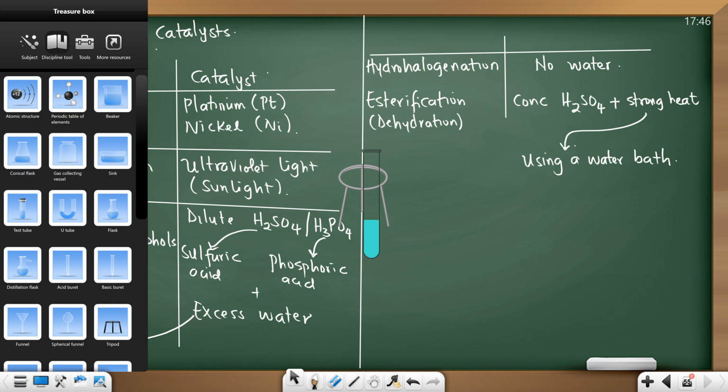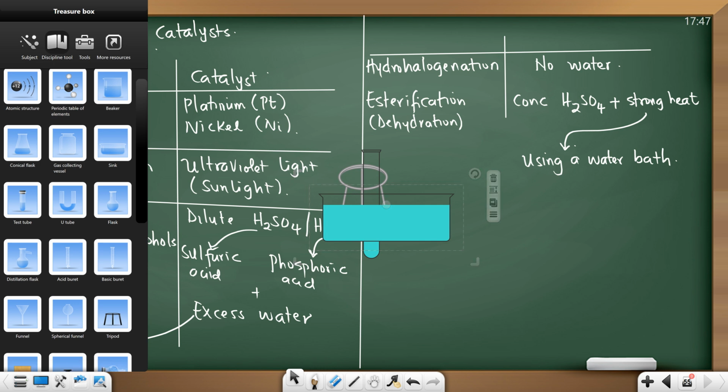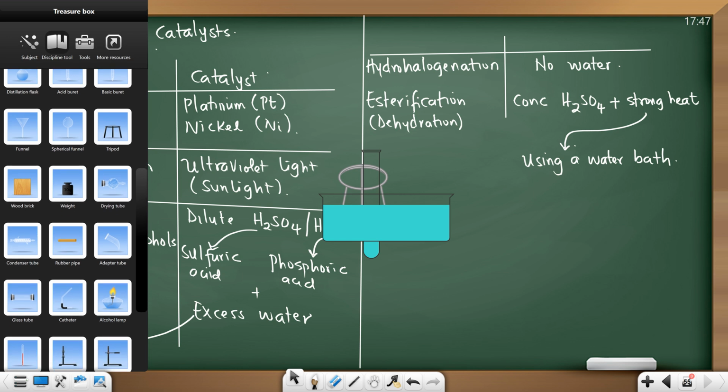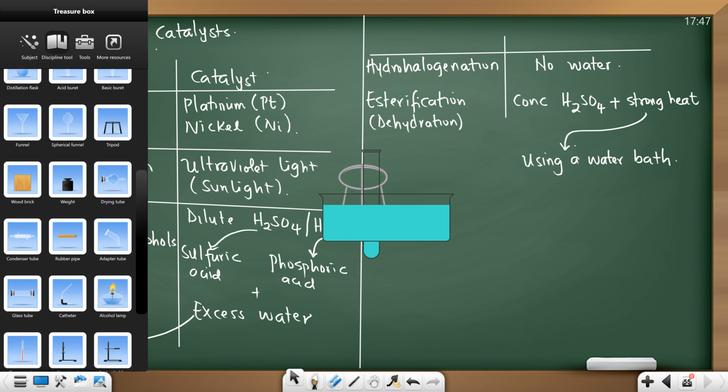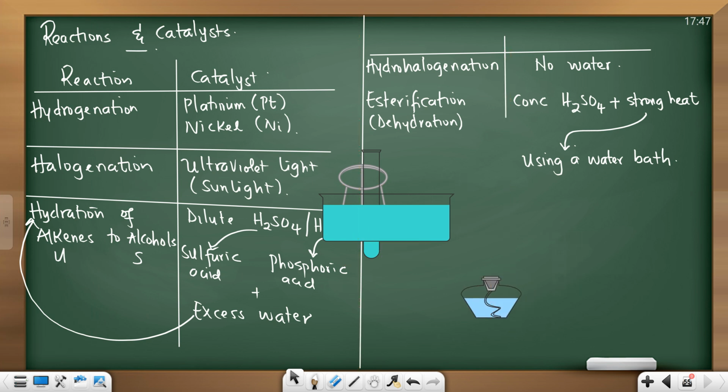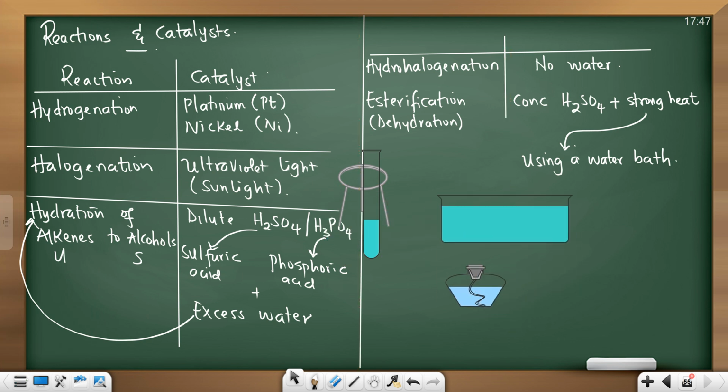So therefore it's a safety precaution that is used. Wena, you are a chemistry bomb. We use a water bath, and she's correct. Why? Alcohols are flammable.